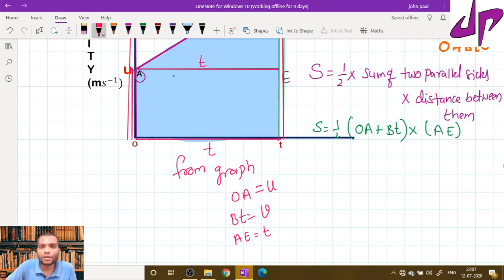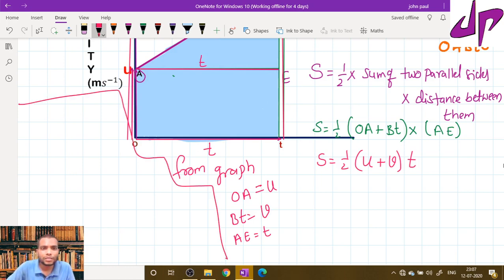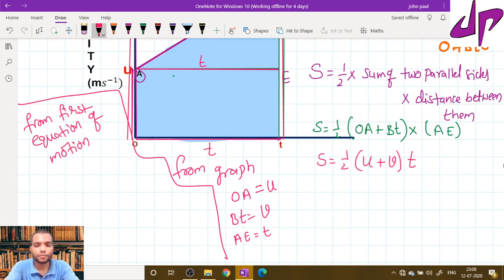Now if I substitute these values here, S equals half times OA, which is U, plus BT, which is V, times AE, which is T. Now, from the first equation of motion we may write V equal to U plus AT.